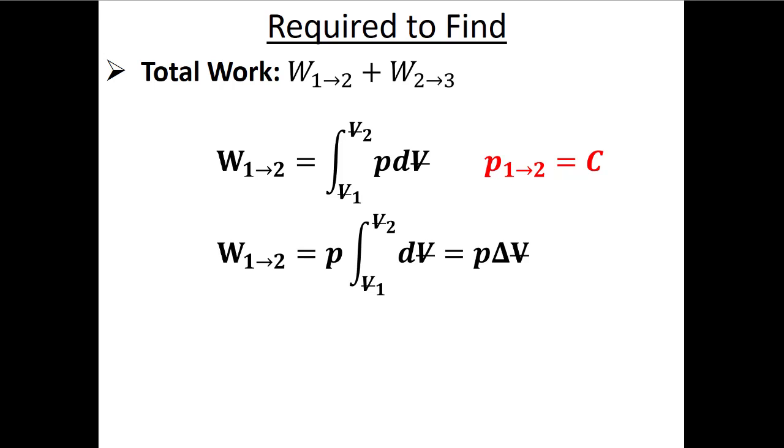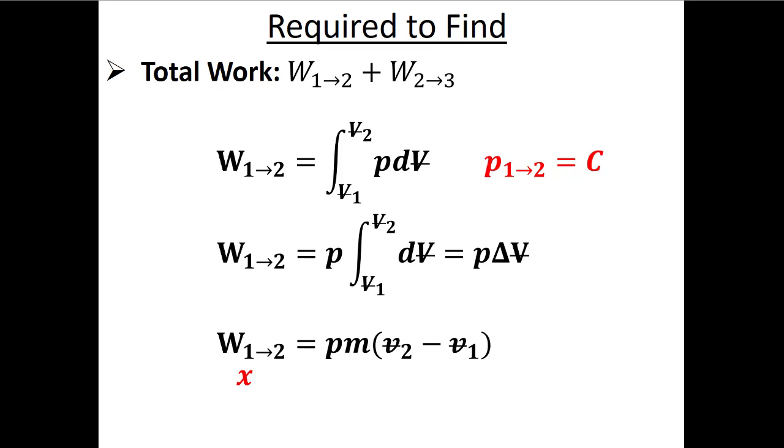And the work here is just P times delta V. So I might have known that just from drawing my PV diagram. That's why these PV diagrams are useful, because if you have this PV diagram, you can just take the area under your process line to find the work. And here I had a constant pressure, so it's just a rectangle, right? So it's P times delta V, or pressure times mass times V2 minus V1.